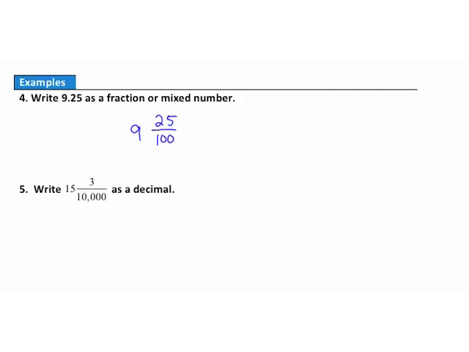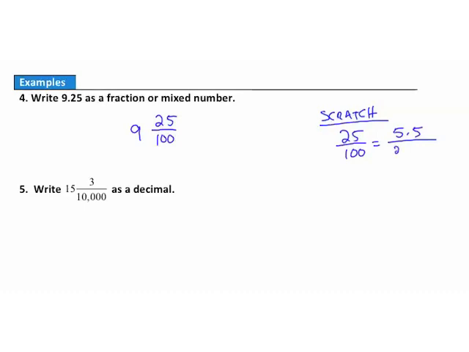So I'm going to come over here on some scratch work, and I'm going to simplify 25 over 100. Let's start by factoring the numerator and denominator. So 25, when I factor that, is 5 times 5. And 100, when I factor that, I'm thinking 4 times 25.